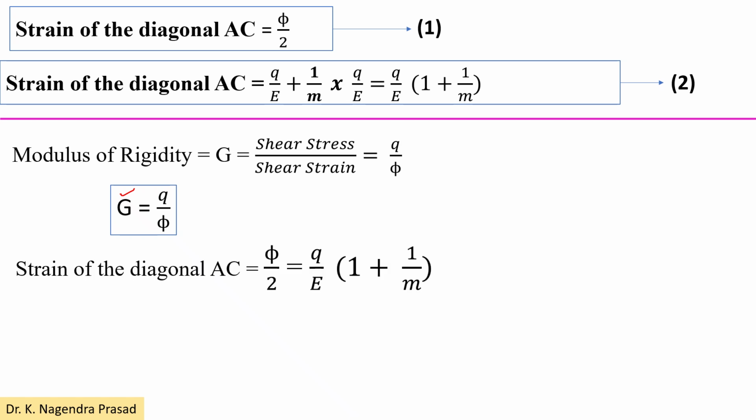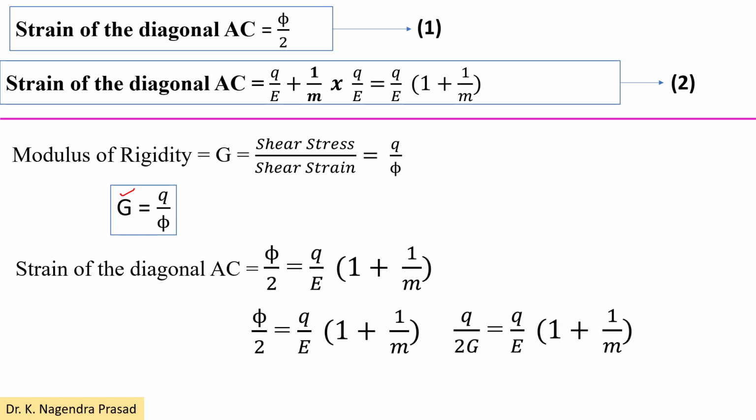From equations 1 and 2, we can write φ by 2 equals q by E into 1 plus 1 by m. From the modulus of rigidity equation, φ equals small q divided by capital G. Then q divided by 2G equals q by capital E into 1 plus 1 by m.